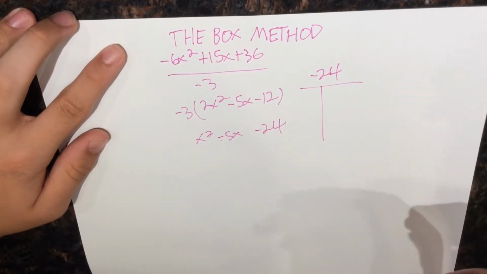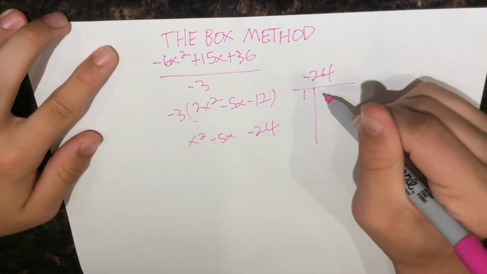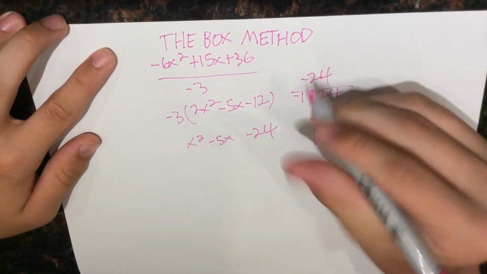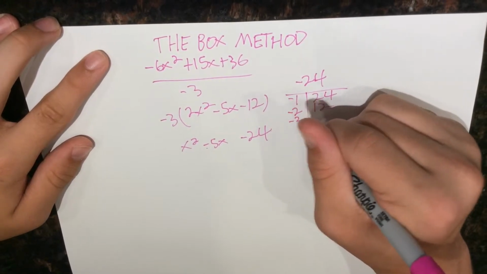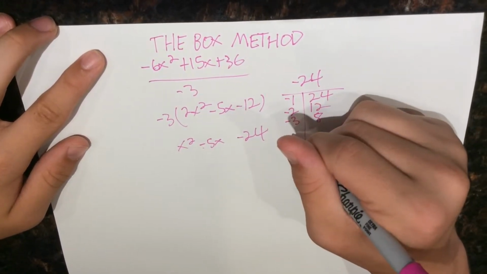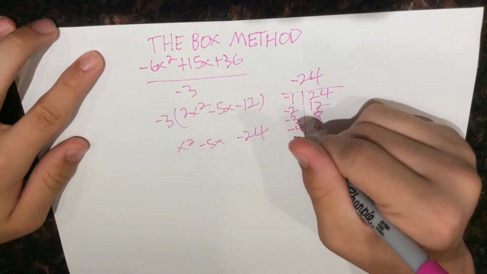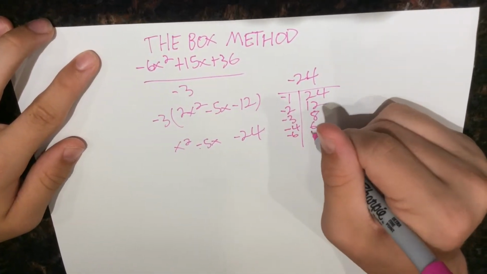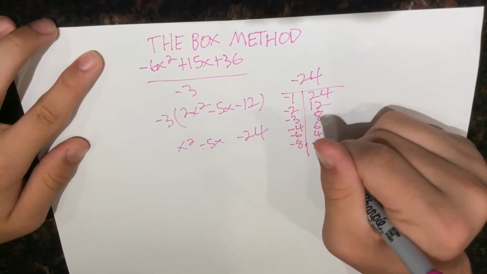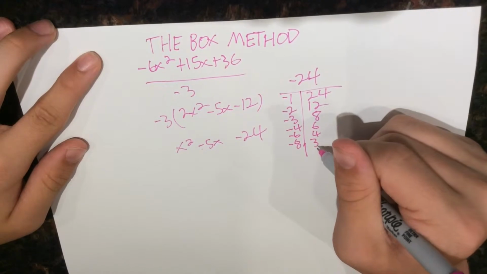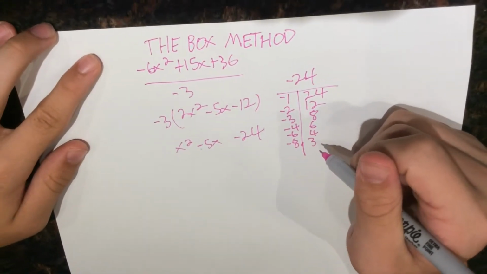So, we have 1 and negative 24, negative 2 and 12, negative 3 and 8, negative 4 and 6, negative 6 and 4, negative 8 and 3. What's this? It seems we have our factors.